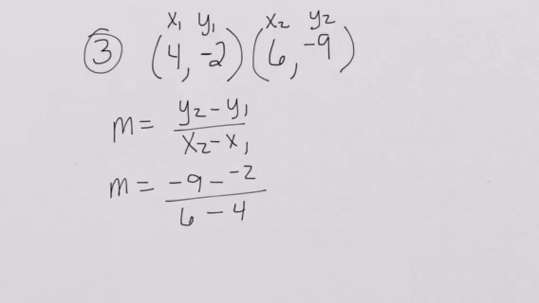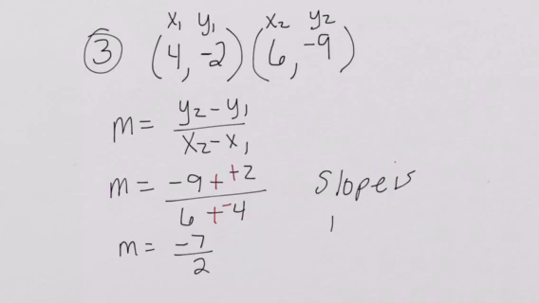When do we subtract? Never. What do we do instead? Add a line, change the sign, add a line, change the sign to the guy behind. So we're going to go ahead and do M is equal to negative 7 over 2. Because that fraction is negative, we say that our slope is negative.